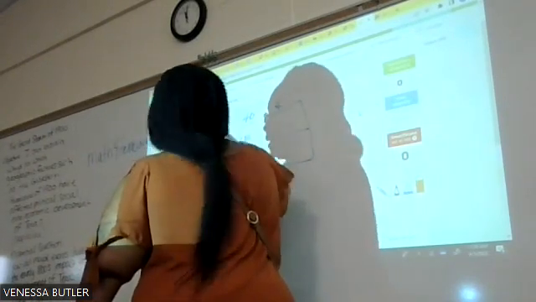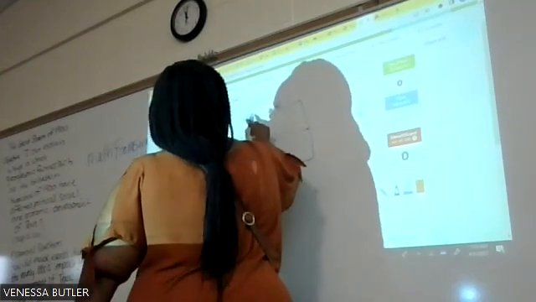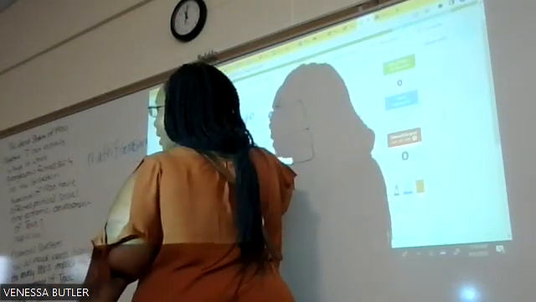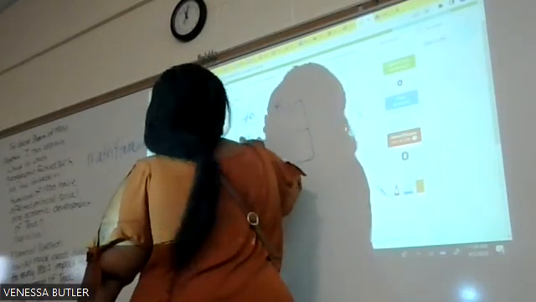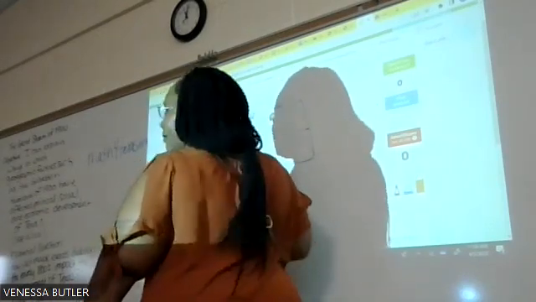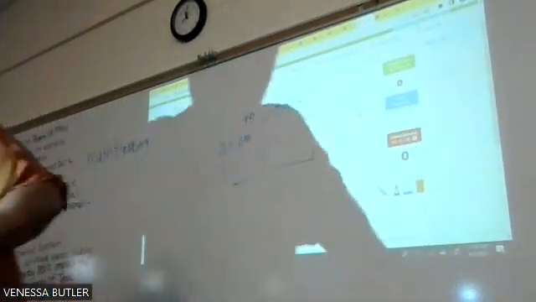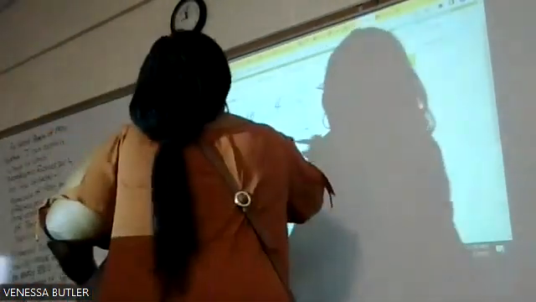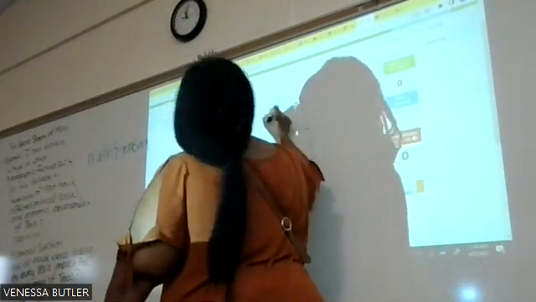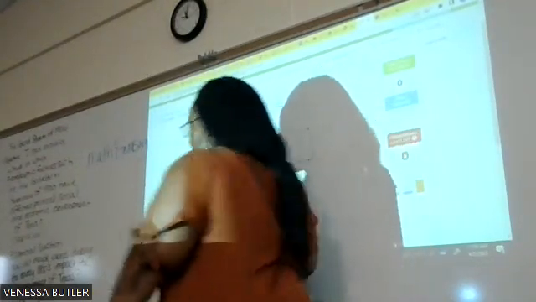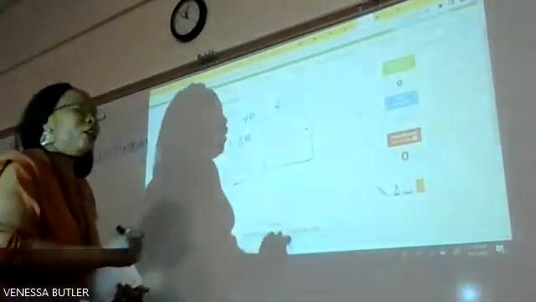Now, it's 800 because why? We have 2 zeros, right? When you have the 2 zeros, it's going to be 2 zeros and then 4 times 2. If we do 20 times 4, how many zeros? 80. Very good, 80.